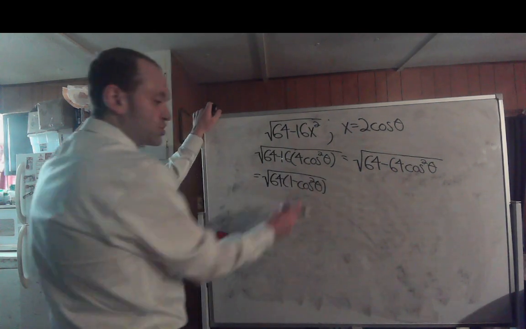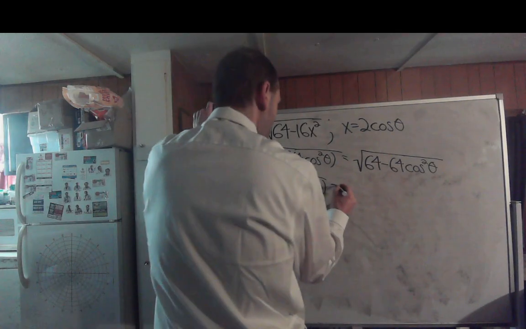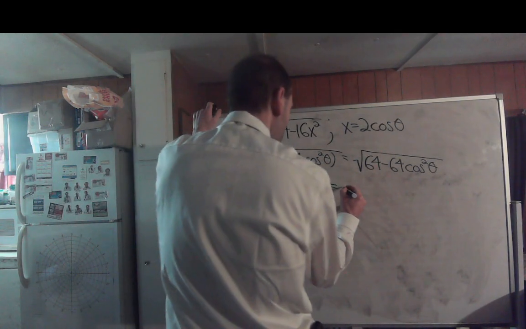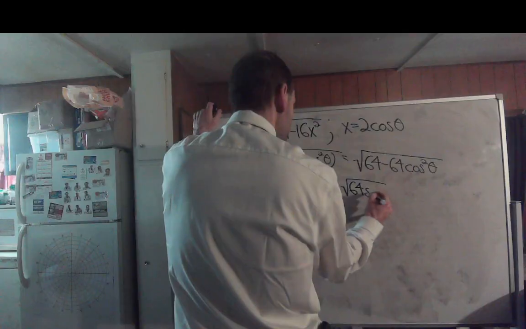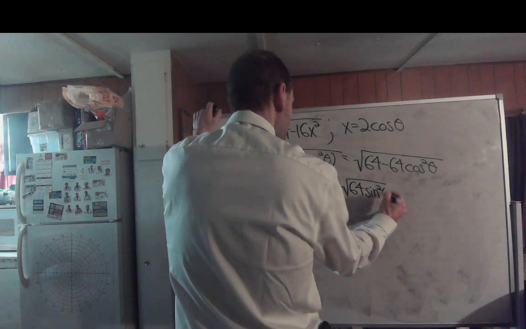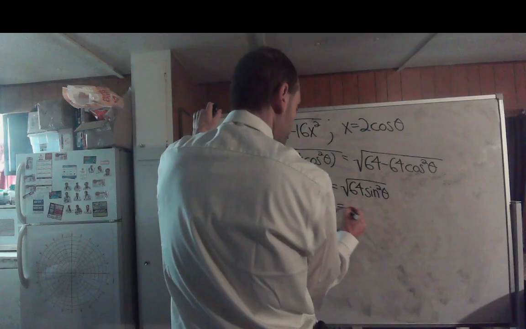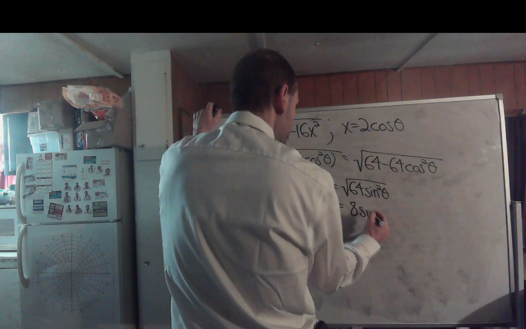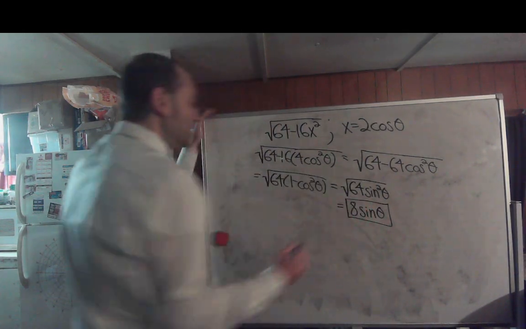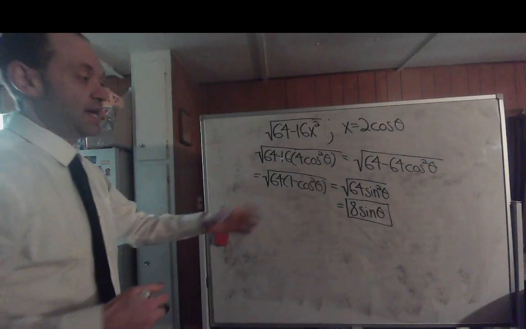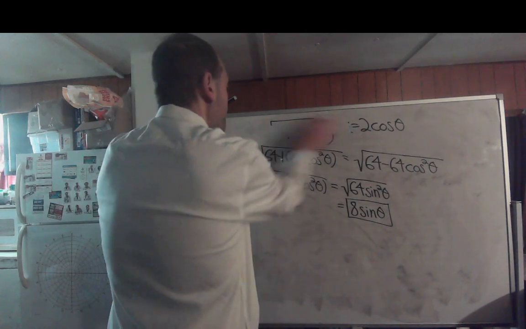Well, 1 minus cosine squared of theta turns into sine squared. So you would end up getting the square root of 64 sine squared of theta, which your final solution should end up giving you 8 sine of theta. So this should simplify into 8 times the sine of theta.